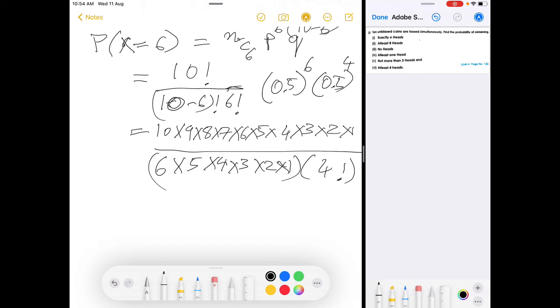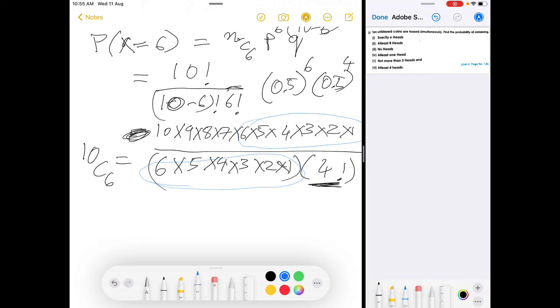Before we open up this 4 factorial, let's first solve the combination part. To avoid confusion, let's just solve this 10C6. Now let's do a bit of revision. 6 factorial, which is in the denominator, is the same as this part.